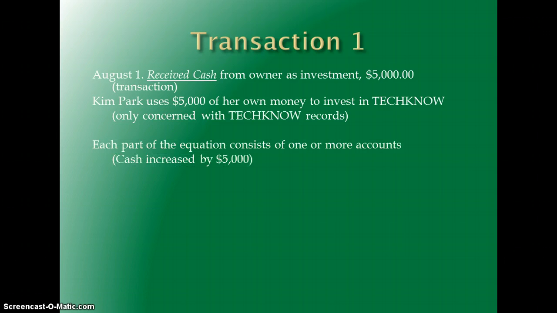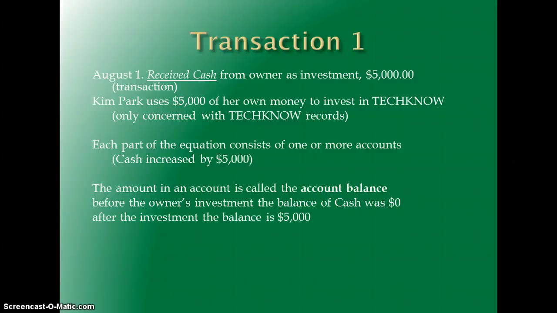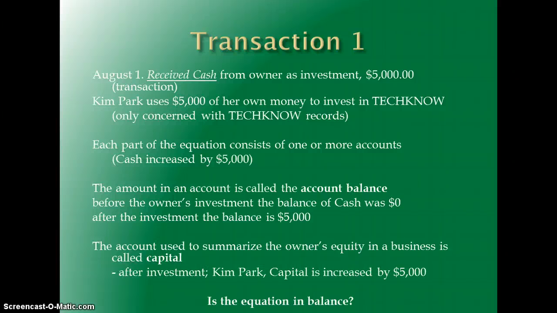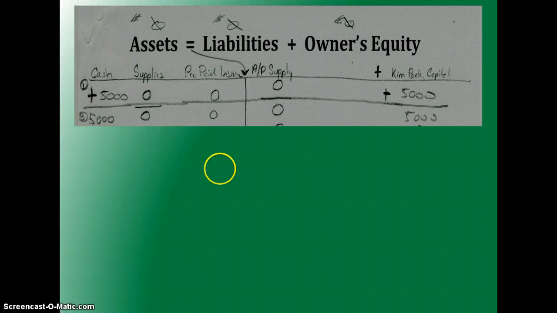Each part of the equation consists of at least 2 accounts. Let's go ahead and throw that out there. With cash being increased by 5,000, the amount of cash went from 0 to 5,000. The capital account, which is the owner's account, started out at 0 and is also increased by 5,000. When we look at my example that we did, all my balances started at 0. Cash was increased by 5,000.